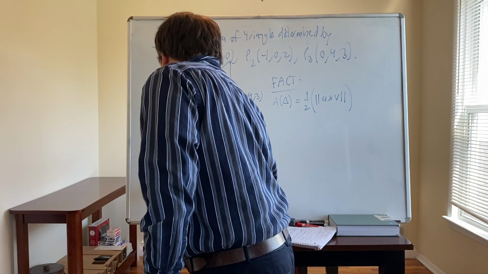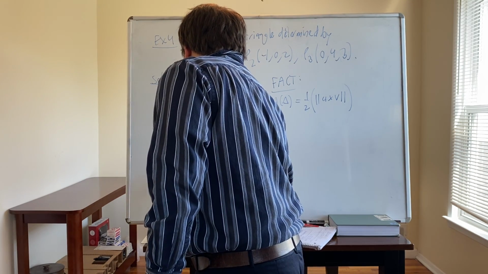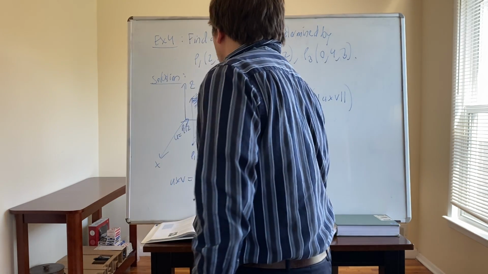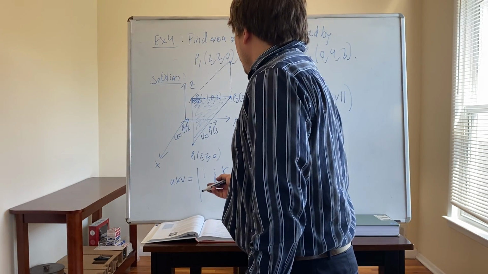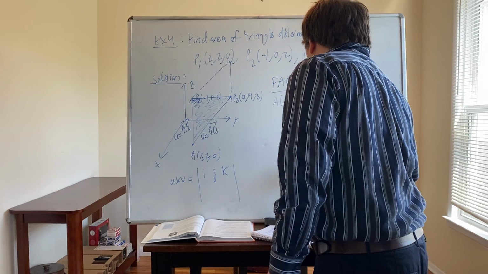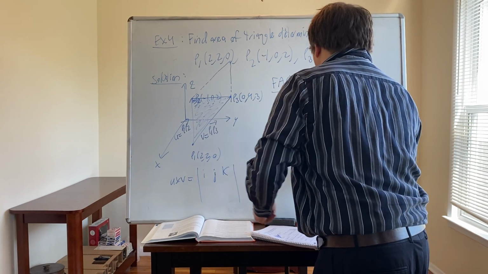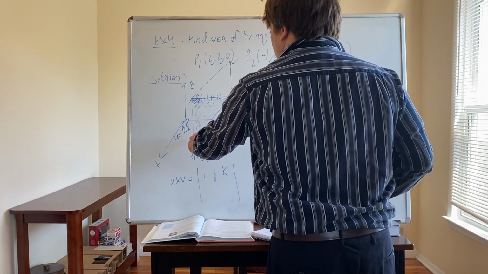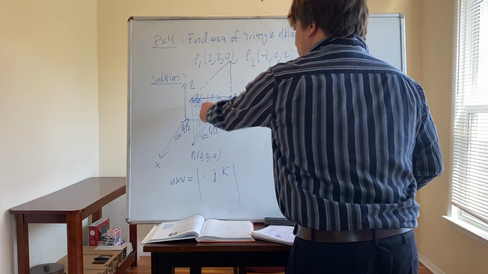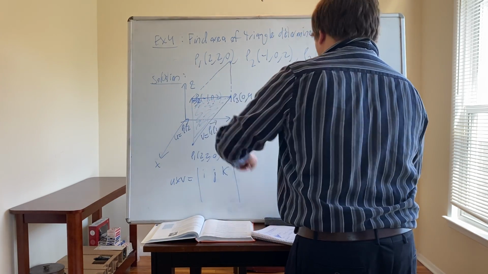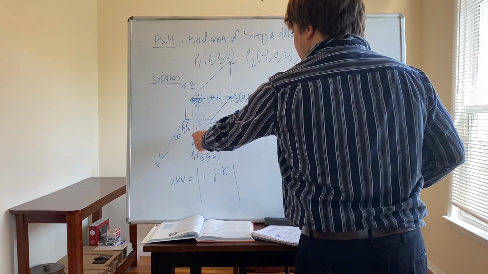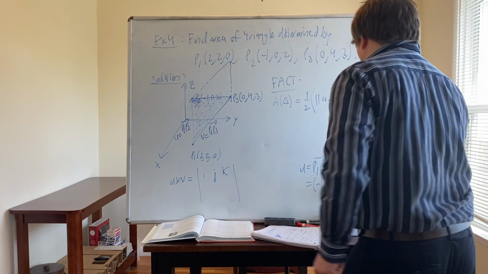Okay, so u cross v is equal to the determinant of this matrix, where u, so here u is p1, p2, right? And what that vector is, it's this vector p2, negative 1, 0, 2, minus p1, which is 2, 2, 0.